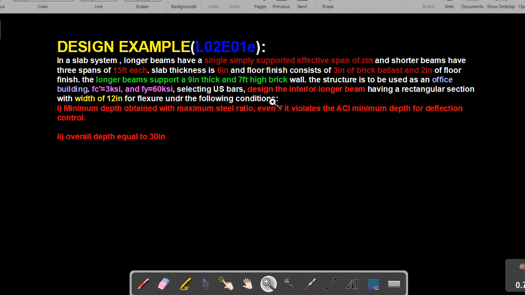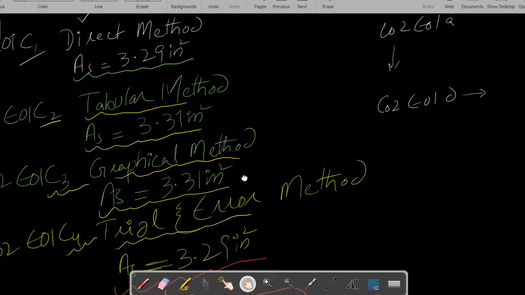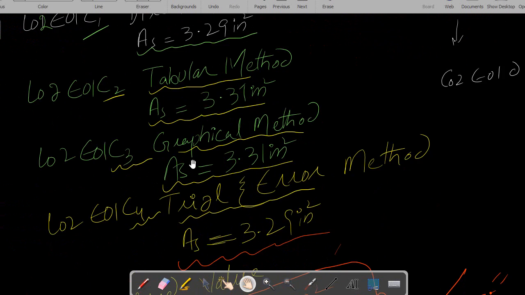Students, as we start this example in lecture 02 example 01 part A, and we end at lecture 02 example 01 part D. In part D we covered the detailing of this example, while in part B we covered case 2, while in parts C1, C2, C3, and C4 we covered these methods.